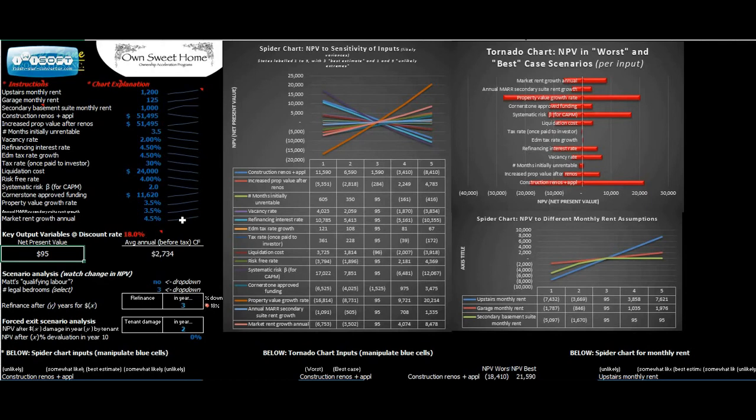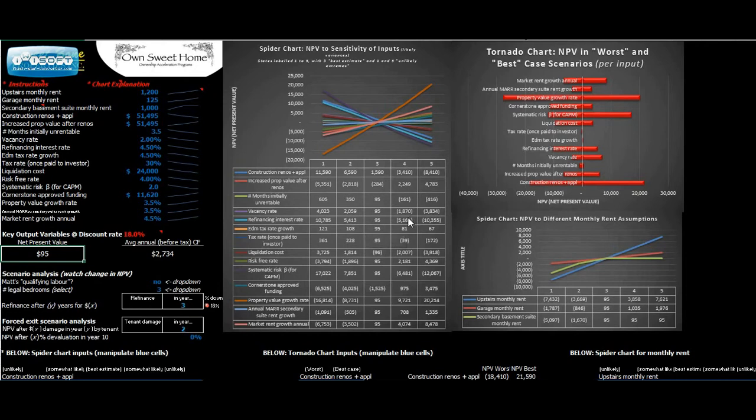So let's take a look at some of these things here. Spider chart. This here is all about robustness, okay? Column number 3 is my best guess for where everything is going to be. I think this is probably where it is. And these are all NPV numbers. Anytime you see a positive number, that means you're making more than that 18%.